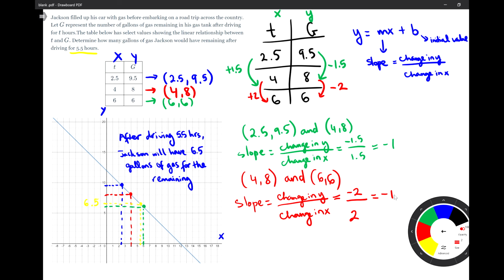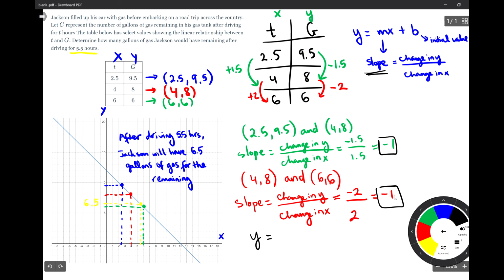Alright, so now I can use the formula, which is y equals, and the slope, I will take the slope right here and replace it for the m, which is slope.